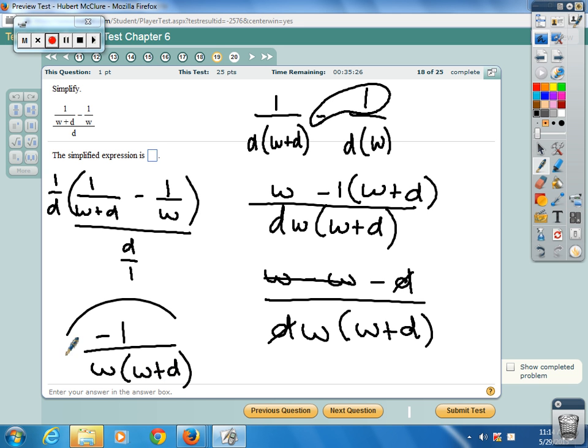Now you can write that several different ways. I'll take either negative out front and then 1 over W times W plus D. I'll take negative out front, 1 over W squared plus DW, W squared plus WD. I'll take any of those answers.